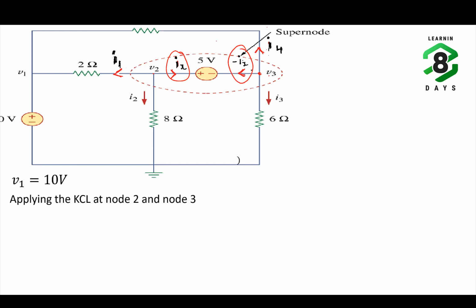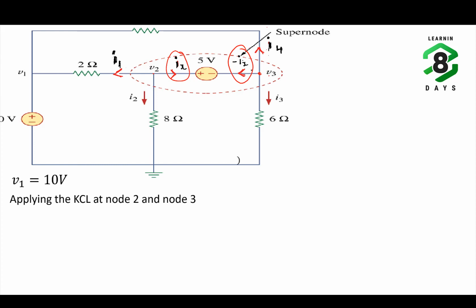So if we add these two currents, it will become 0. So you can neglect the branch current that is flowing through this ideal voltage source in either direction, and you can apply the nodal analysis at V2 and V3, neglecting this particular branch. That is called super node analysis.